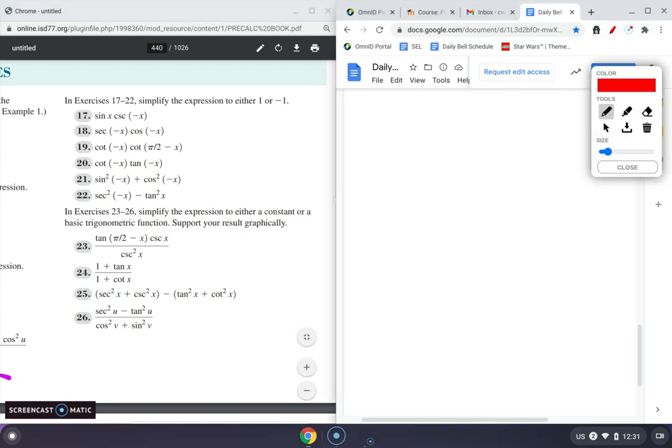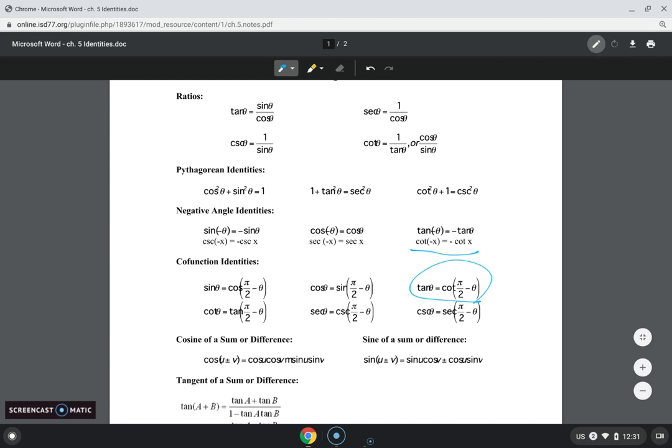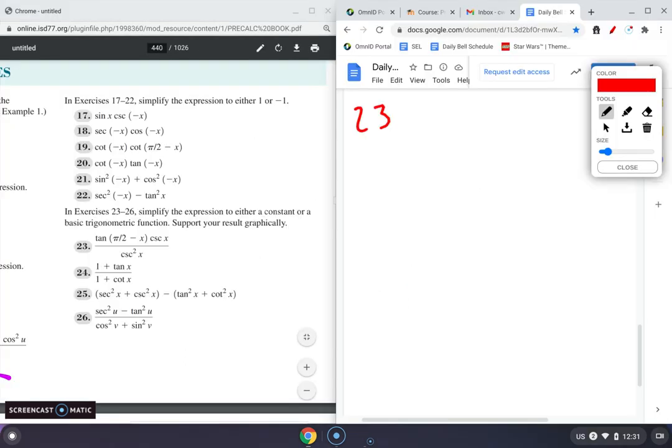All right, 23. So we're just going to simplify this down as far as we can go. Tangent of pi over 2 minus x right here is the same thing as the cotangent of x.